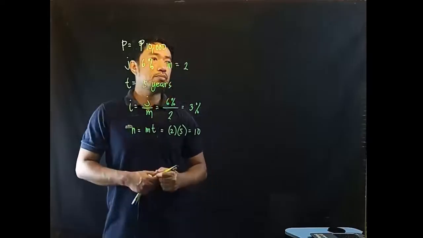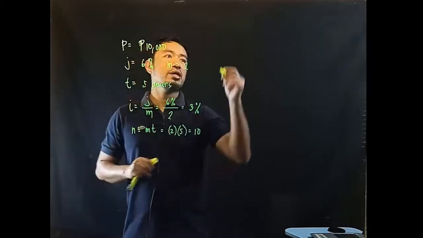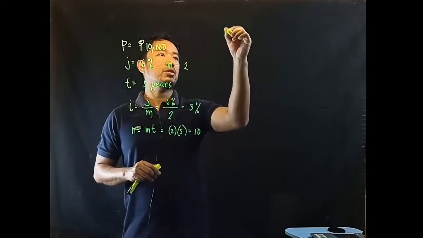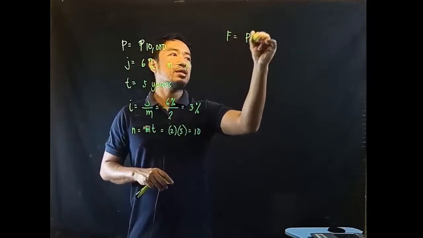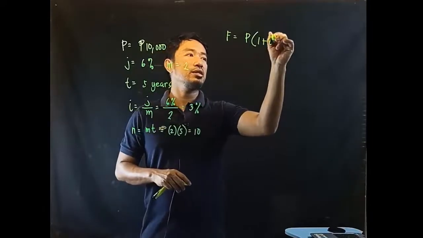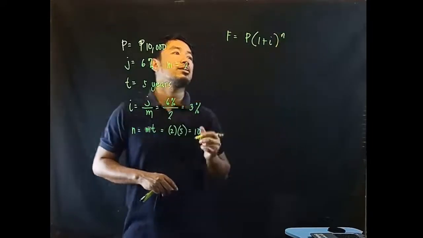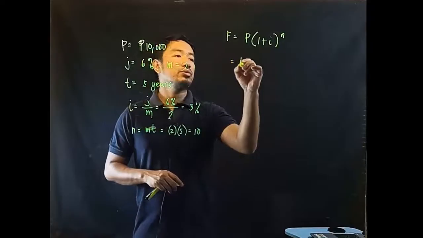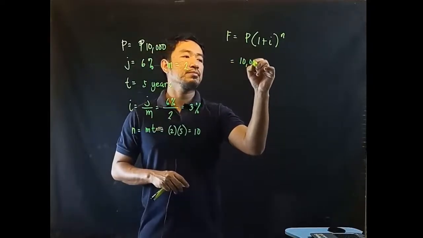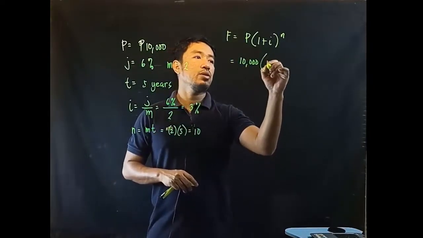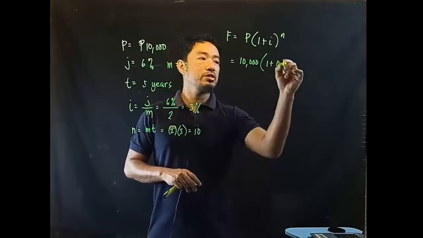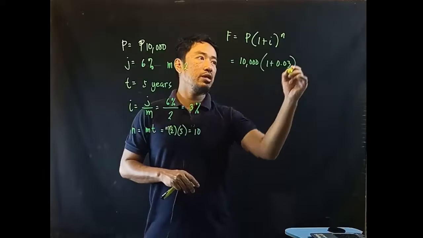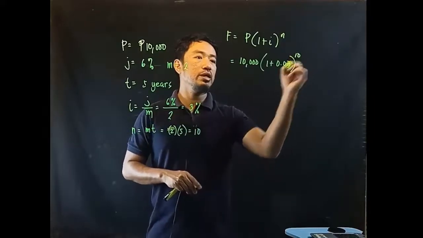We can compute the compound interest first by determining the value of the compound amount. So F is equal to P times 1 plus I raised to N, where P is equal to 10,000 and 1 plus I is 1.03 and the value of N is equal to 10.